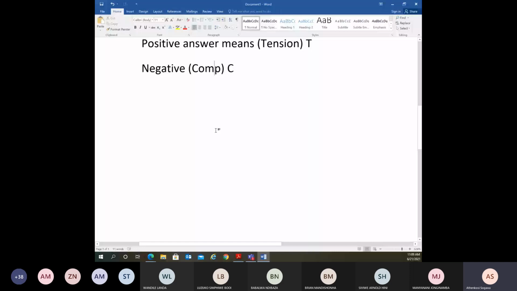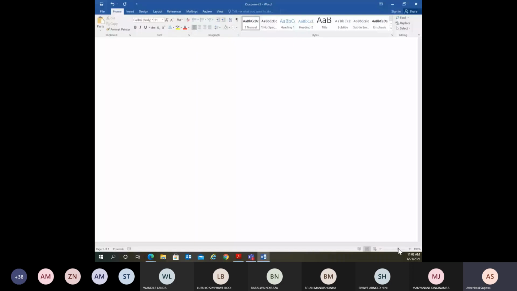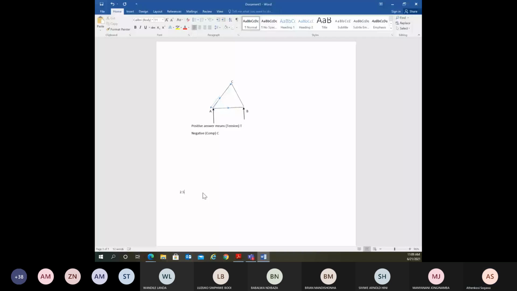Let's do this. The truss looks like this.